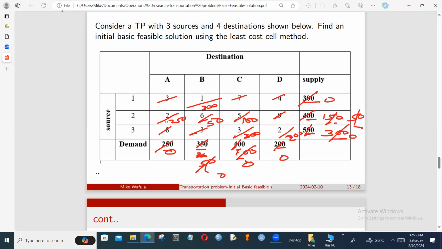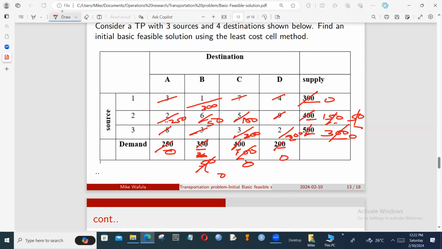The approach is just the same as the northwest corner method, only that the cell you begin with for the least cost method requires that you identify a cell that has the least cost.